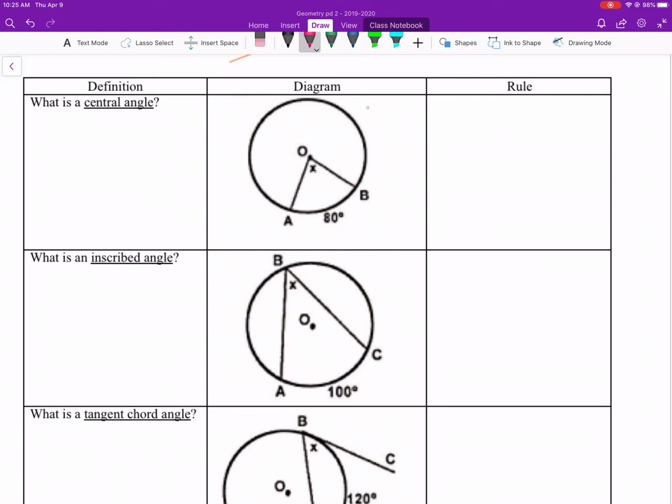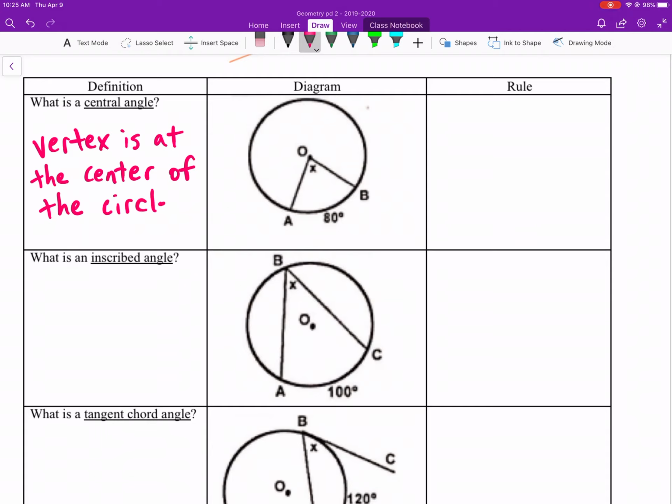So the vertex is at the center of the circle. It would also be good to jot down that it's made from two radii. This is a radius right here and right here, both radii.